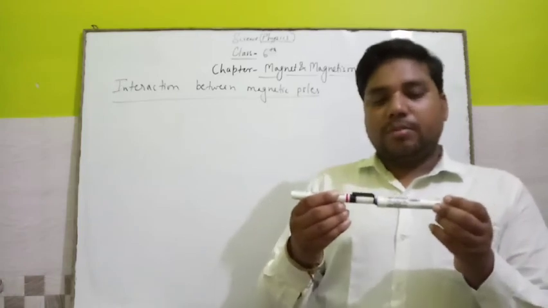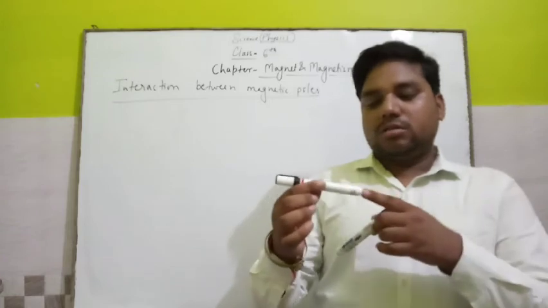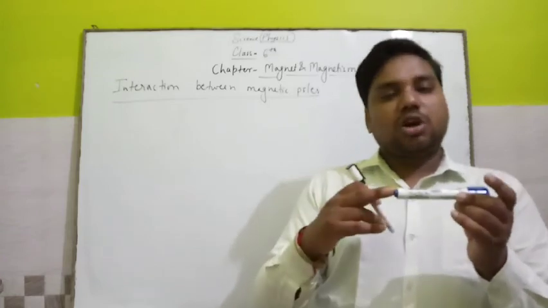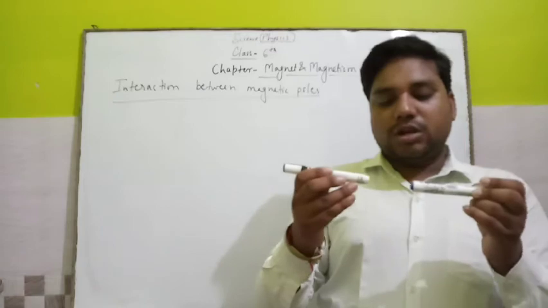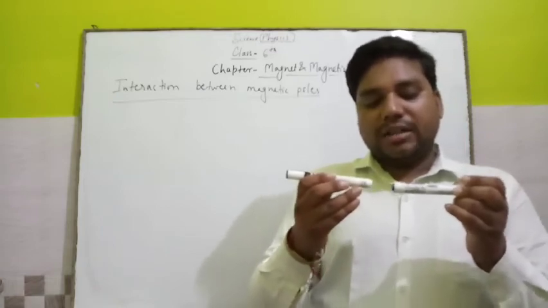But suppose this is a south pole and it comes closer to another south pole, then these south poles do not attract, they repel.